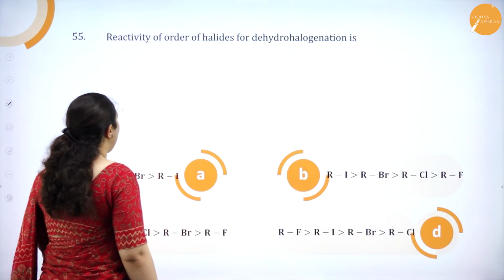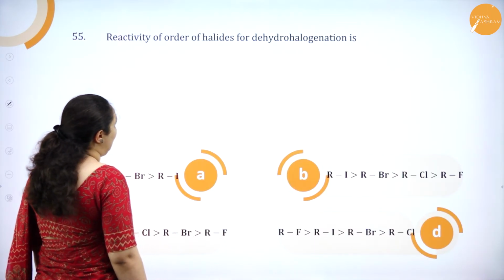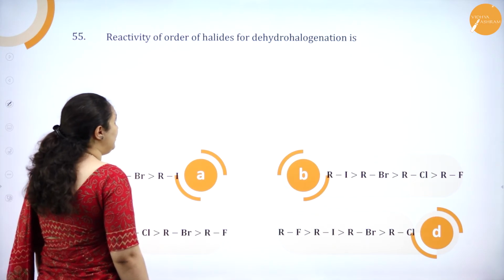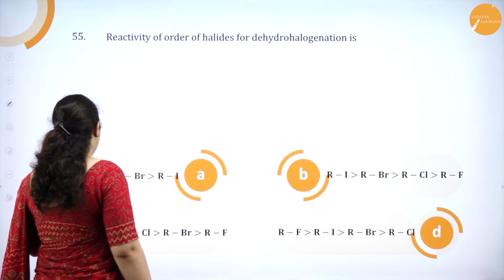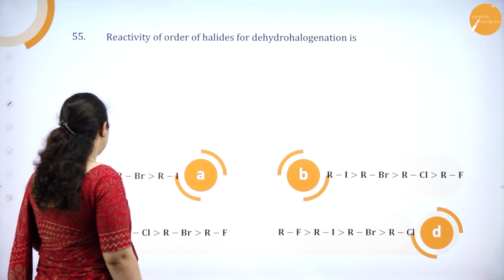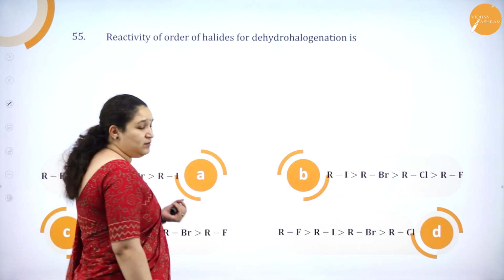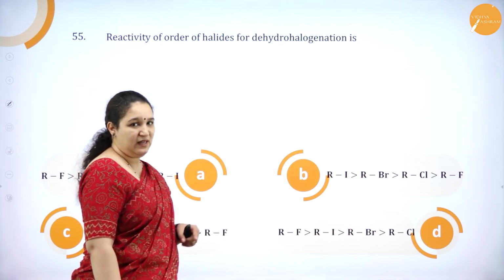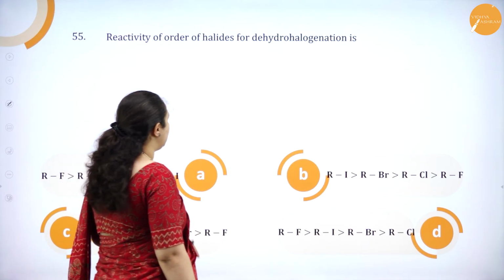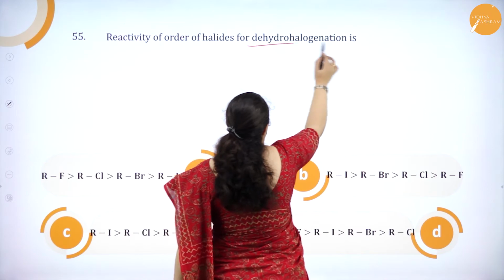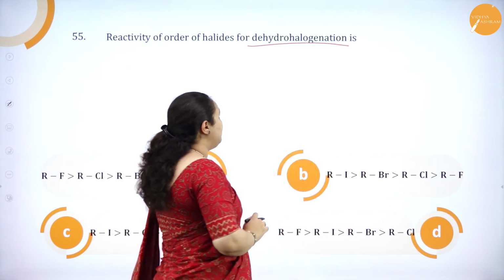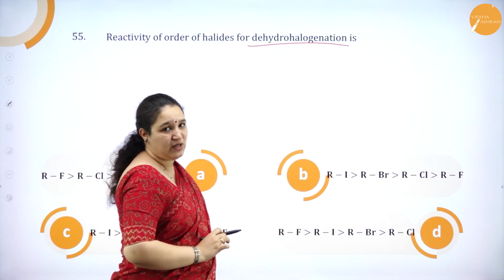Next one, reactivity order of halides for dehydrohalogenation is. So they have given RF, RCl, RBr, RI. Everywhere it is the bond between the carbon and the halogen which is taken into consideration, and we have to tell which is the correct order for dehydrohalogenation.